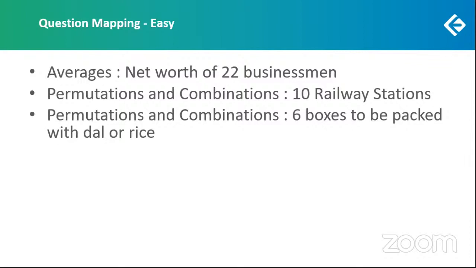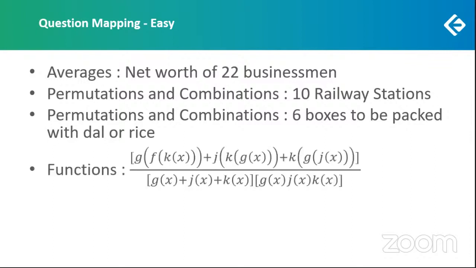So you can first take 1 box with dal, which can be kept in 6 ways because there were 6 boxes. If you have 2 boxes which need to be adjacently placed, then there are 5 ways. If you have 3 boxes adjacently placed, then there are 4 ways. You can make a sequence out of this, which is 6 plus 5 plus 4 plus 3 plus 2 plus 1, and you add all of them to get the final answer, which will be 21.